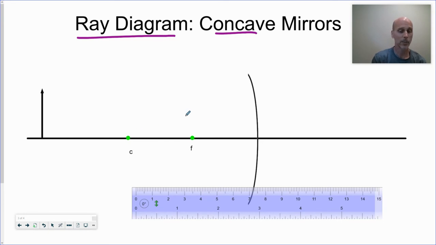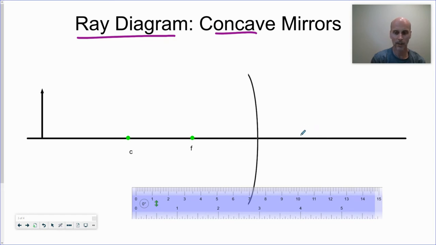From a geometry point of view, the center of curvature is always twice the focal point. So if the focal point is, say, 5 centimeters, then the center curvature is another 5 centimeters for a total of 10 centimeters. And these 2 points give us some reference points to draw a ray diagram.